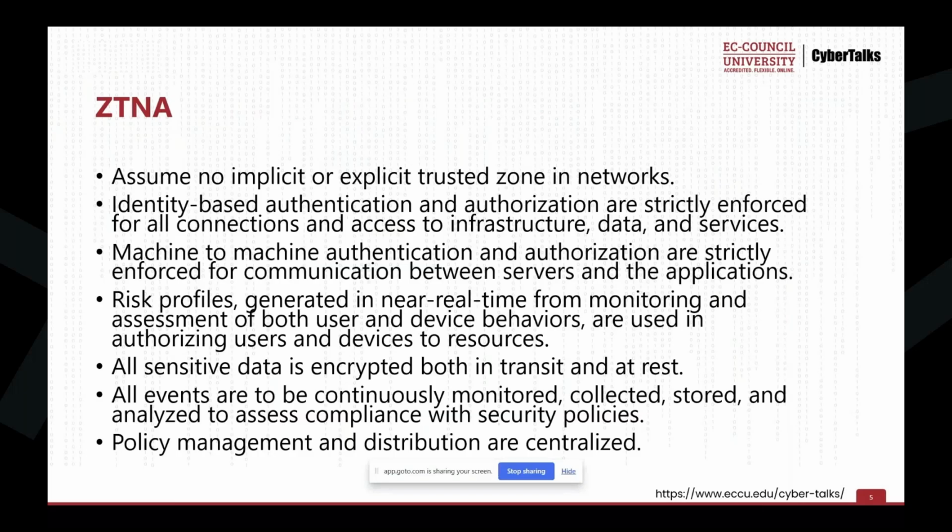A device behavior might tell you if it's a risky device, then you can only give them conditional access. Same way, if the user seems to be somebody who has a higher risk than normal user, you don't grant them access without having an extra set of validation challenges which are put forth. All the sensitive data needs to be encrypted, both while in transit and at rest.